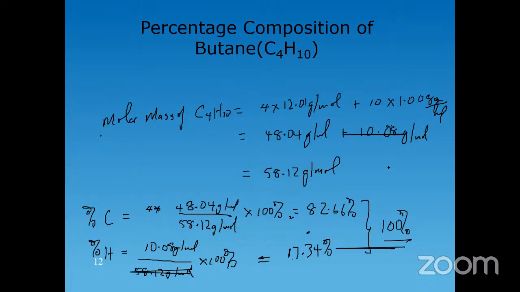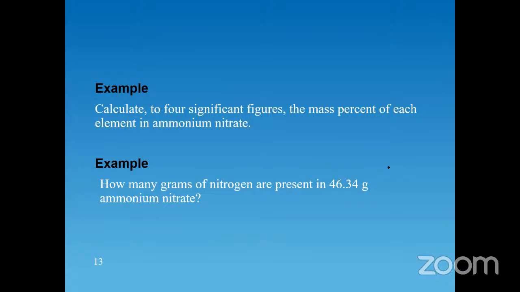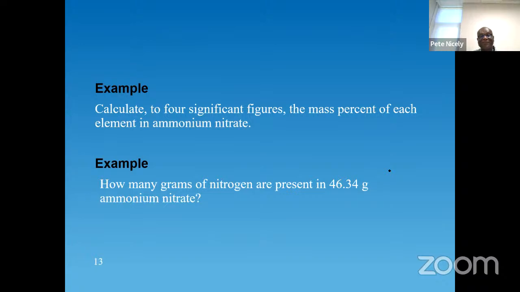All right. So let's see if we can do these questions. It says calculate to 4 significant figures the mass percent of each element in ammonium nitrate. So what would be the first thing you would do in order to tackle this problem? Write the formula. Okay, very good. So what's the formula for ammonium nitrate?